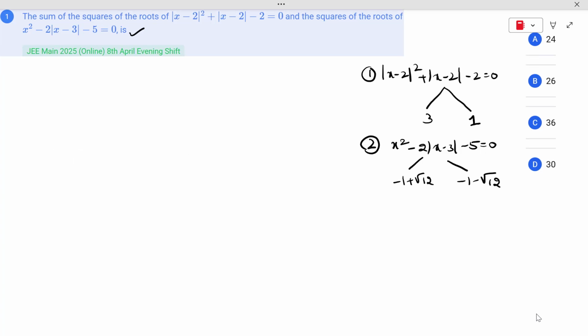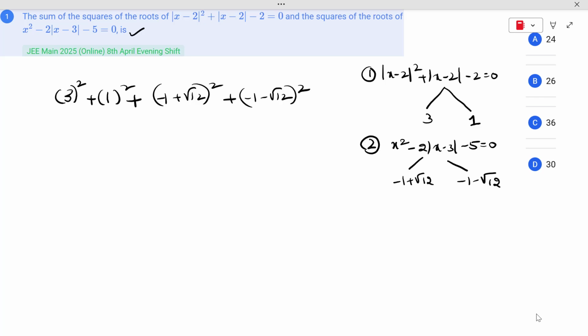The question is the sum of the squares of the roots of the equation. So first equation roots are 3, 1. What is the sum of the squares? Squares and do the sum, plus the sum of the squares of the roots of the second equation, that is minus 1 plus root 12 whole square plus minus 1 minus root 12 whole square.